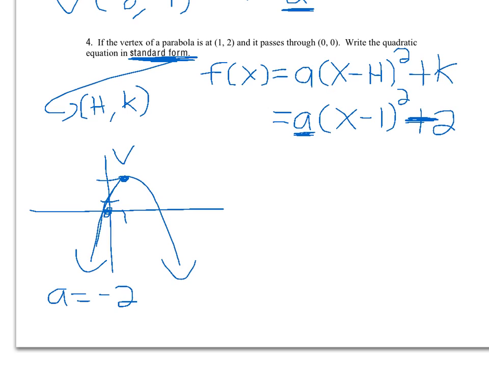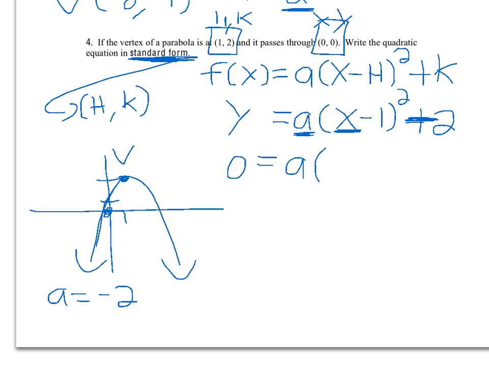So then I could just replace it. Now, if you wanted to see it the algebraic way, all I have to do is take this 0, 0. I already figured out this 1, 2, this was h, k. This 0, 0, I can plug that in for x and y. So remember, f of x, I'm going to put in y for that. That's the same thing as y. I'm going to plug in 0 for y, so 0 equals a times the quantity, this x is going to change to 0, and then I have minus 1 quantity squared plus 2.